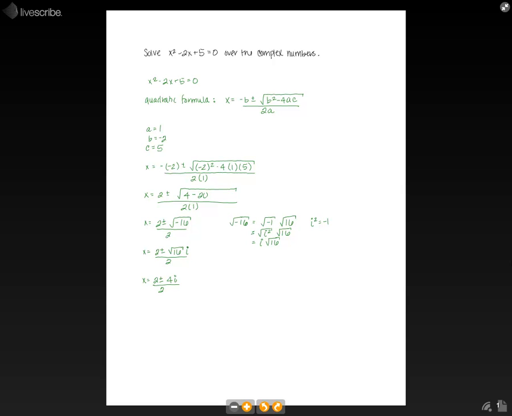Alright. So we can cancel out a 2 on the top, and we get x equals 1 plus or minus 2i. So that means our answers are x equals 1 plus 2i and 1 minus 2i.